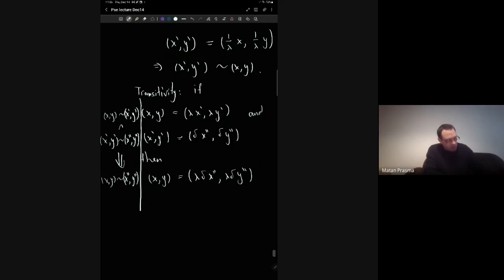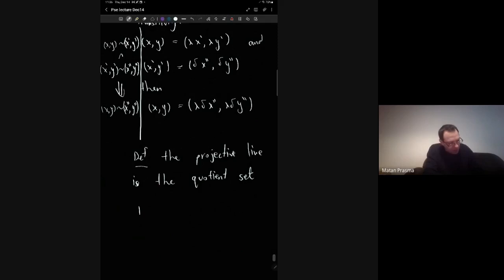So, definition: the projective line is the quotient set. You take R2 minus the origin, and you mod out by this equivalence relation.